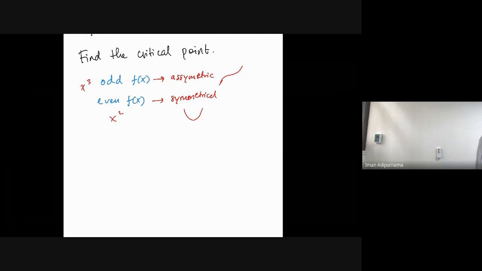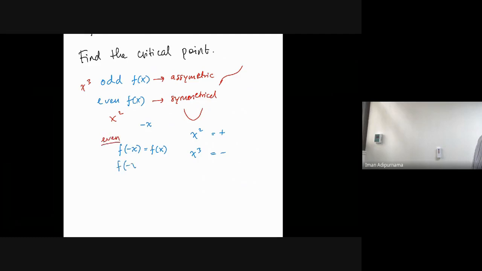How to test odd and even? You need to plug in negative x. Test the negative x. In x squared, the negative will be positive, right? So that's why it will be the same. But with x cubed, it is negative, right? This is positive. So let me write, okay? f(-x) = f(x). This is for even.